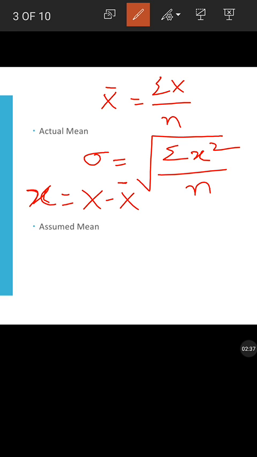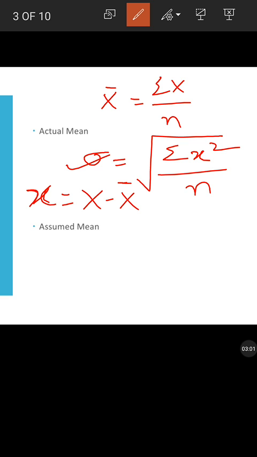So we calculate the small x using x minus x bar, then find the x square values, take the total, divide it by n, and finally take the root. That is the standard deviation.